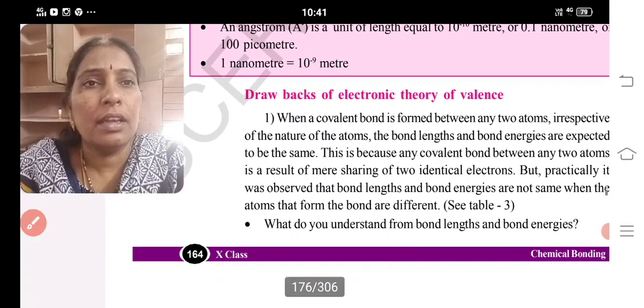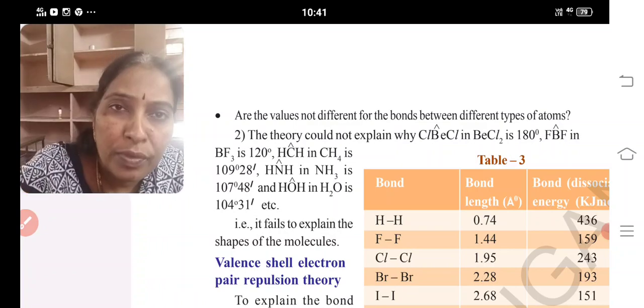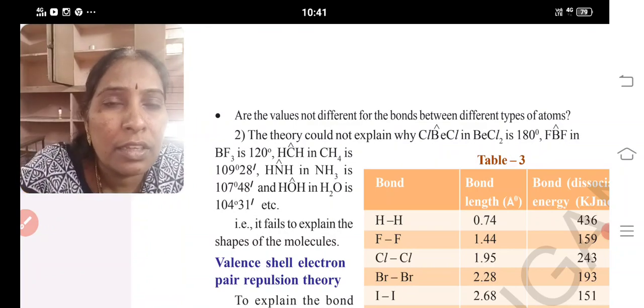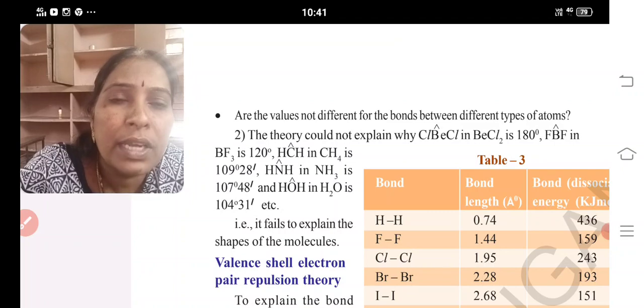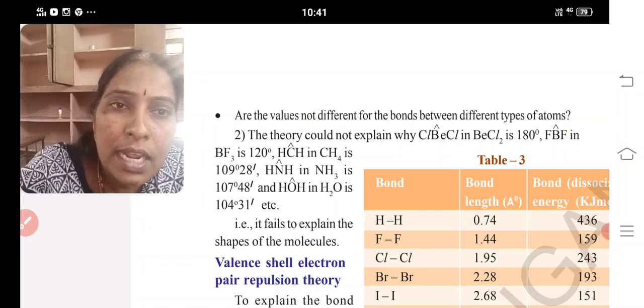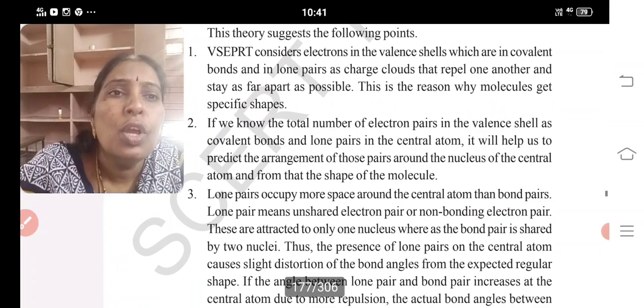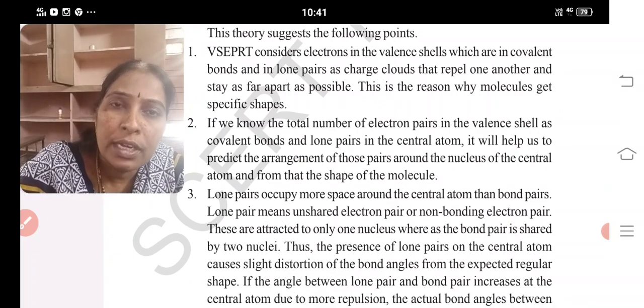Okay. Next comes the drawbacks of this theory. Why did this theory fail? Before combining and after participating in the reaction, the angle should be equal, but there is a slight change in the angle. Why? It is explained by valence shell electron pair repulsion theory. In this we have lone pair electrons and bonded pair electrons.